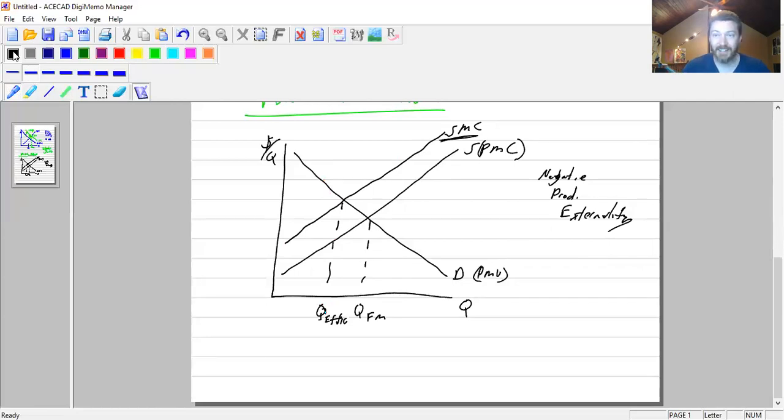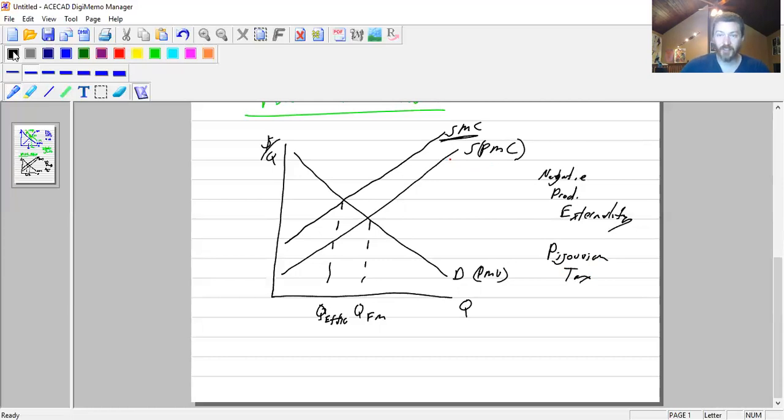One of the classic examples here is called a Pigouvian tax, named after this famous economist from a long, long time ago named Arthur Cecil Pigou. This is what we would do. We would levy a tax on these producers that's equal to the external cost.